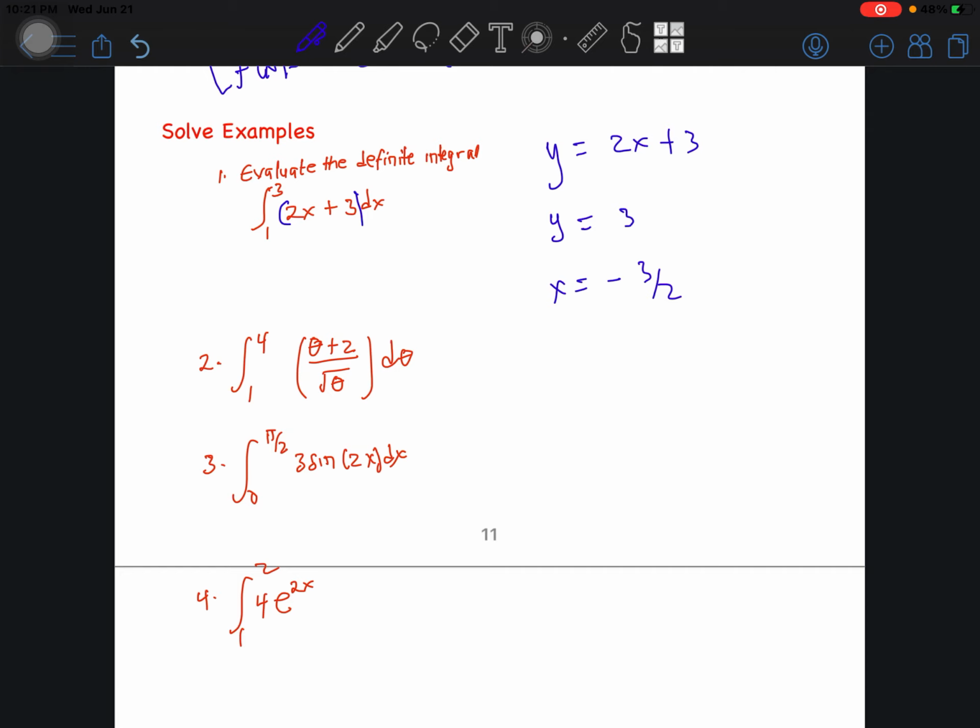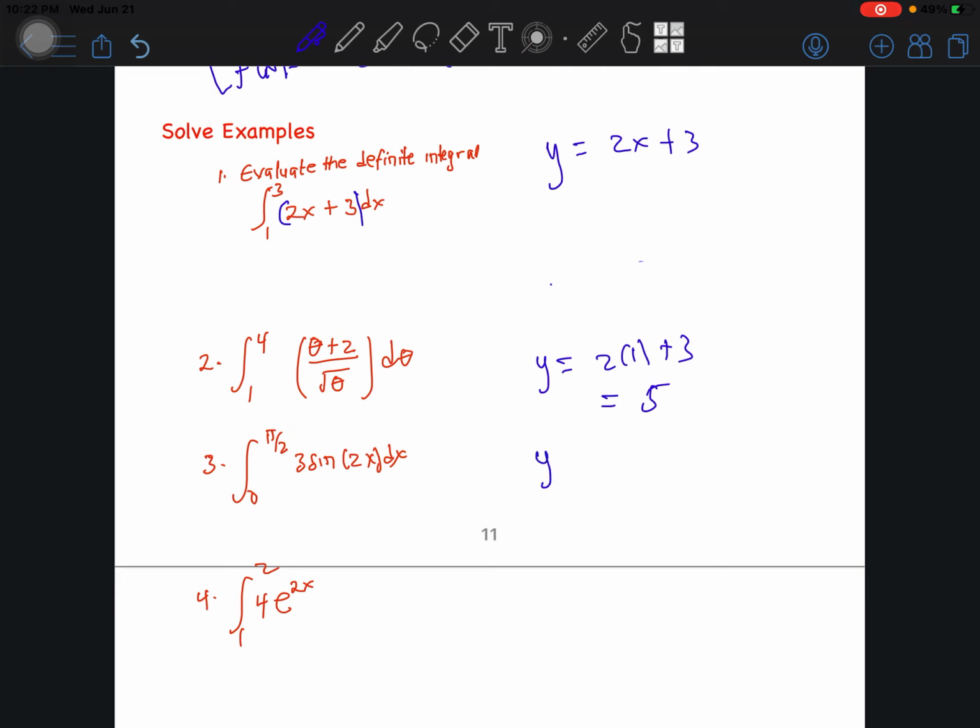Let's say x equals 1, because we are using the limits 1 and 3. For x equals 1, y equals what? We didn't give a limit to start from 0; we gave it from 1 to 3. So y equals 2 times 1 plus 3, which is 5.